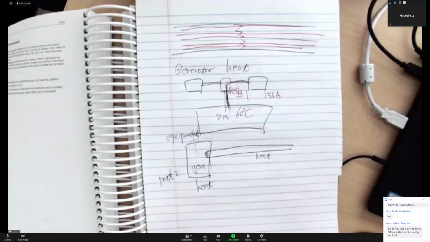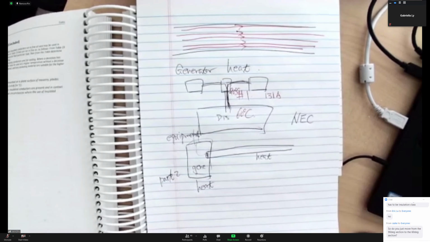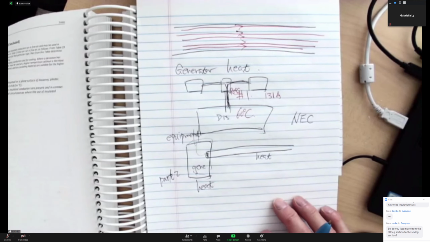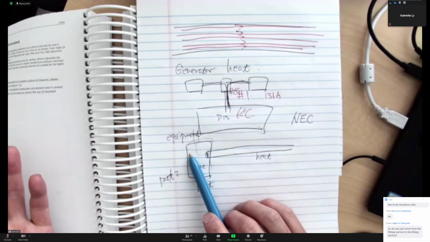So about 10 or some years ago, we started adopting the NEC, the National Electrical Code, taking from the states down there. They have this because most equipment is built down there.